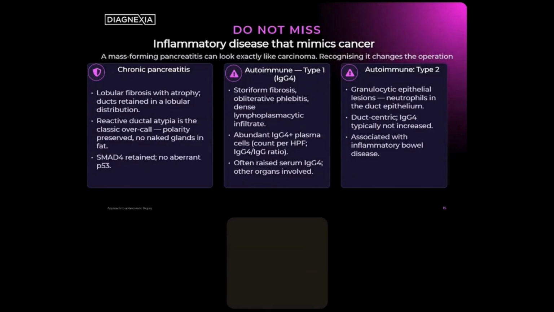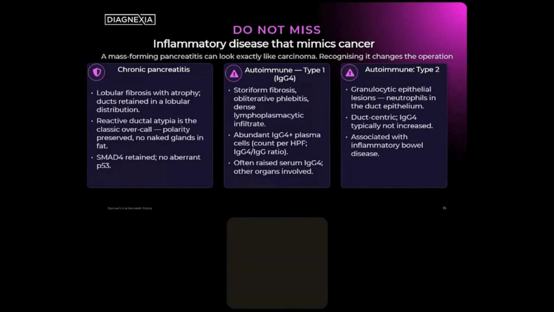And if that is all you have, then you would suggest a diagnosis of adenocarcinoma, because in general, chronic pancreatitis does not give you single atypical appearing ducts in aberrant locations.